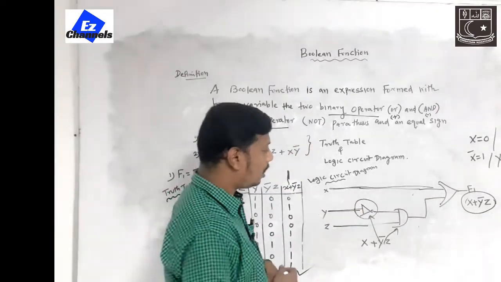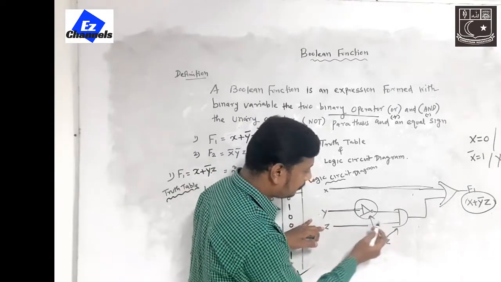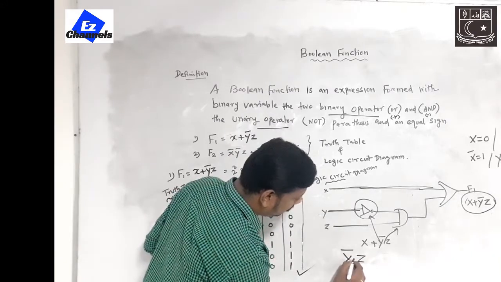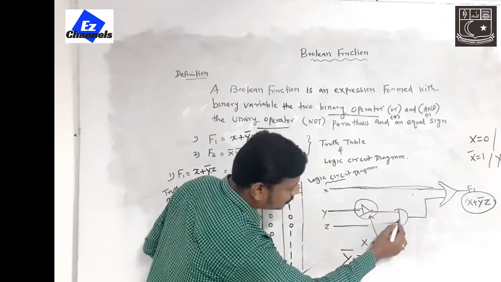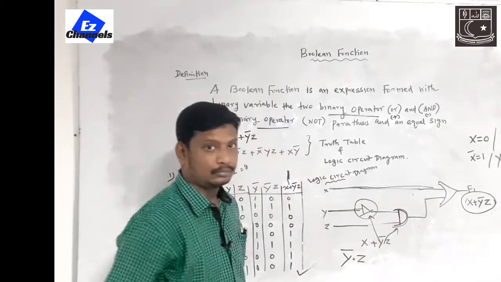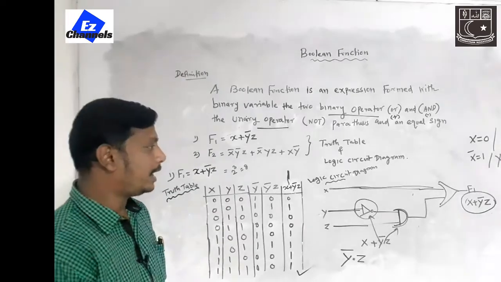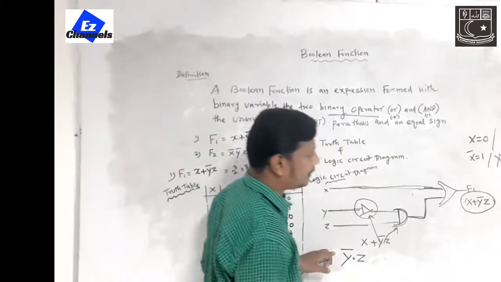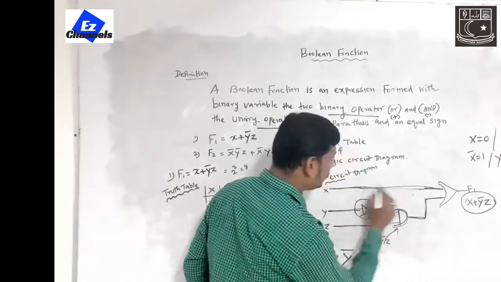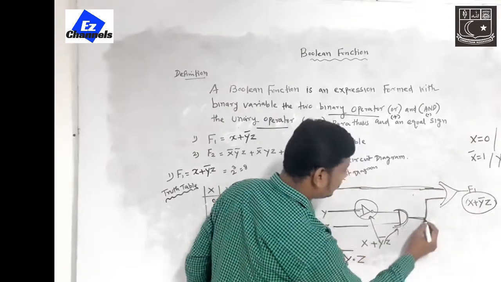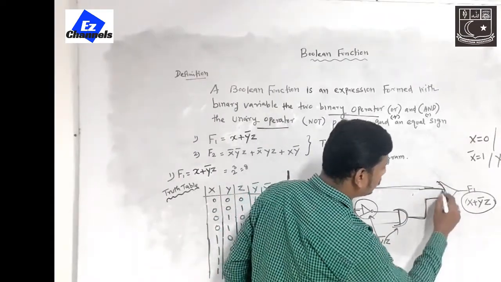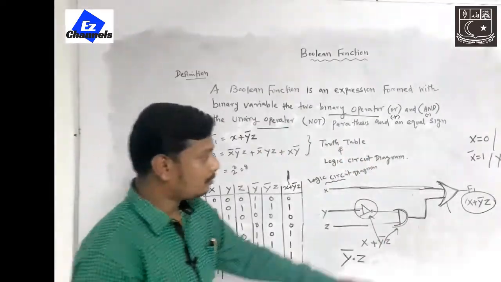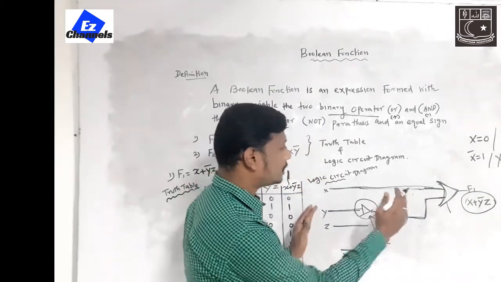Then z continues. This y dash and z is a product, so it uses the AND gate symbol. Again, the x value plus the yz value is an addition, so it uses the OR gate. This gives your F1 function. This is the logic circuit diagram.